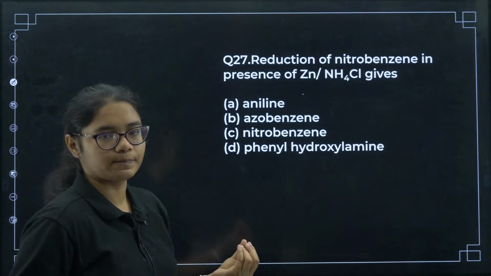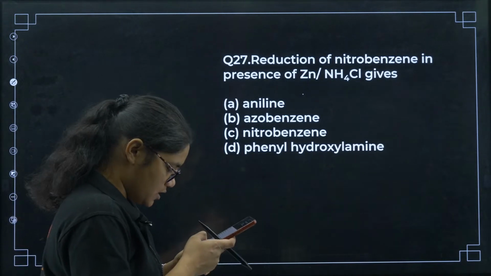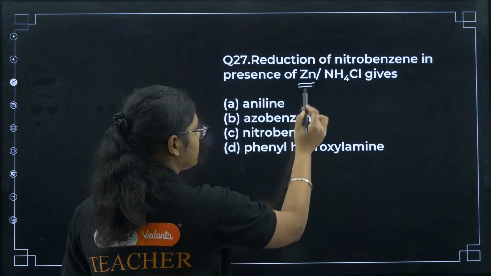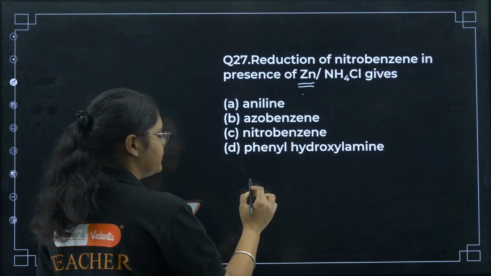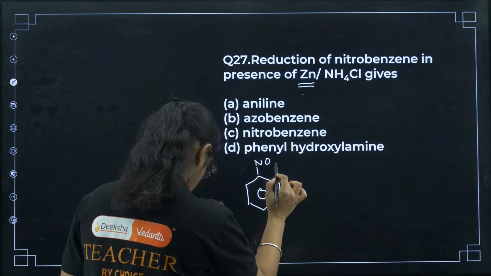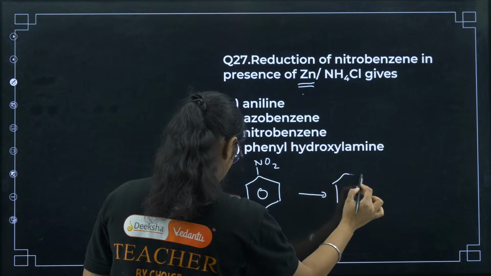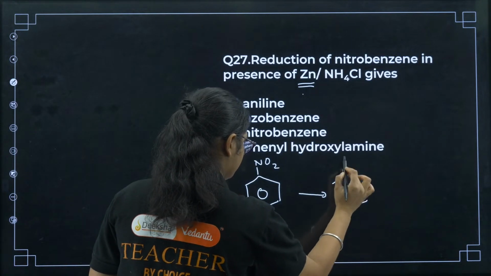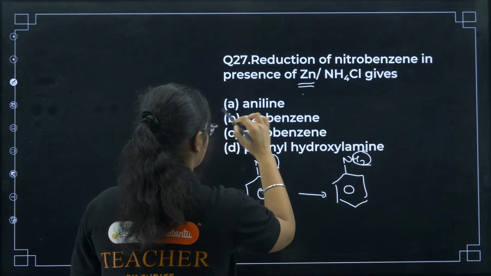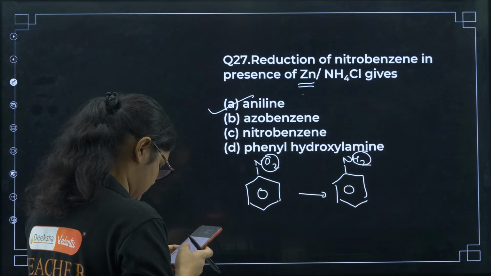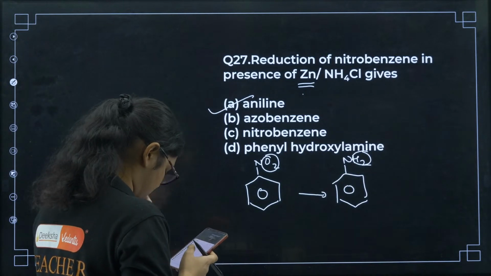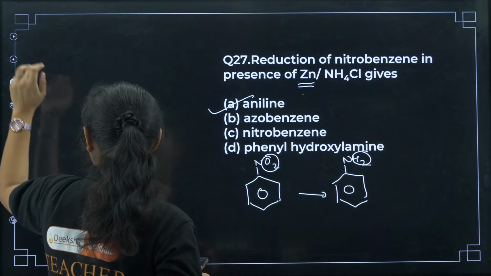So the nitro group will be converted to aniline. Means NO2 will get converted to NH2, aniline, option number A here. No, it is already nitrobenzene, right? It will give you aniline.